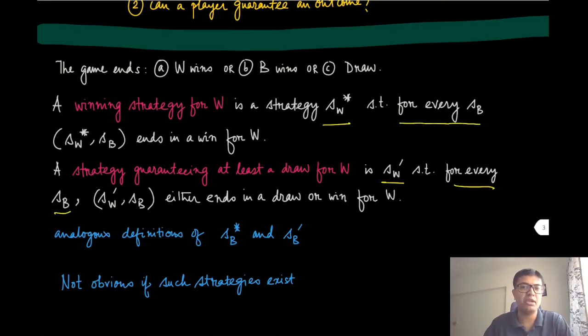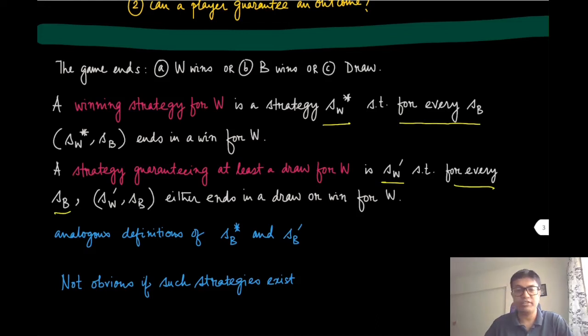It may be possible that the strategy you have chosen ends up in a draw if the other player chooses a very specific, very competitive SB. But if it is a foolish strategy by player B, then with the same strategy you might end up in a win. An analogous definition you can also make for player B: a winning strategy for player B, or a draw-guaranteeing strategy for player B.